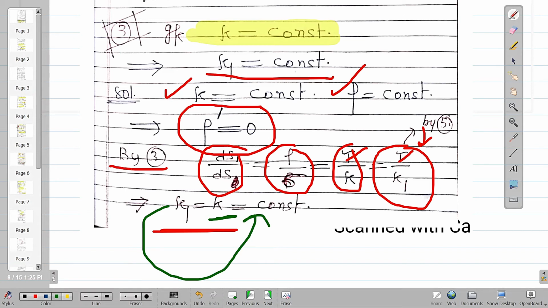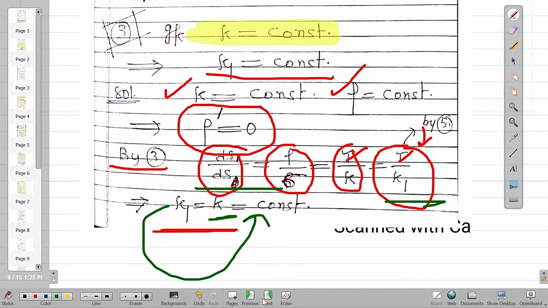Right? So by equation number 3, we get this result, and by equation number 5, we get this result of ds by ds1, and both are equal. From this, kappa 1 is equal to kappa, and because kappa is constant, that's why kappa 1 is constant. So this is the third property.